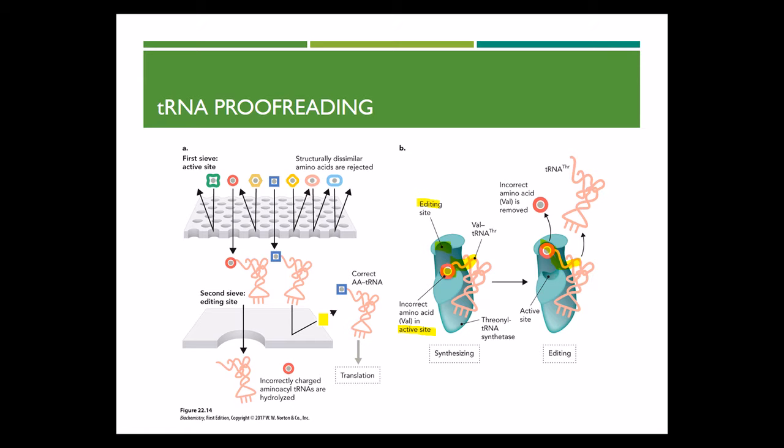Since it lacks this interaction, the valine does not stay in the active site. Instead, the CCA arm is going to swing up into the editing site, in which you will cleave the valine.